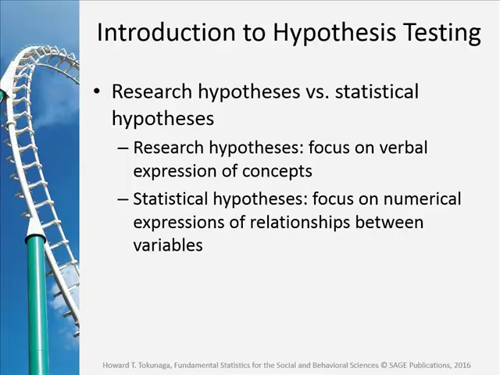So my research hypothesis was trying to see if our class was normal. Were the people in my class normal? But statistically, I had to focus on their mean relative to a population mean. So I'm focusing on the mathematics of it. And that's what allows me to test my research hypothesis. So the two work together.